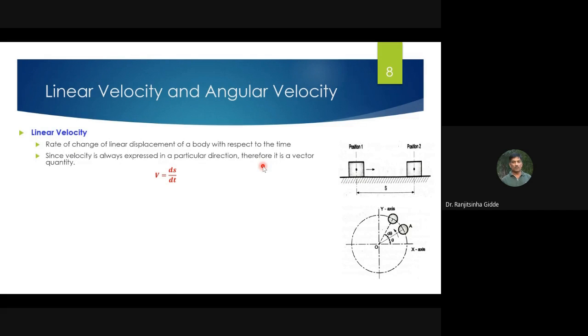Okay. Next line you can write, V is equal to ds by dt.